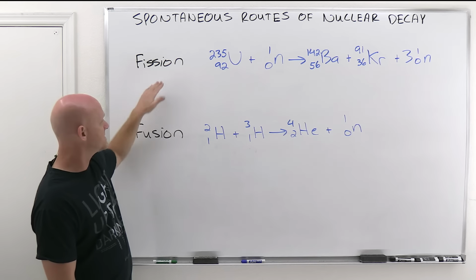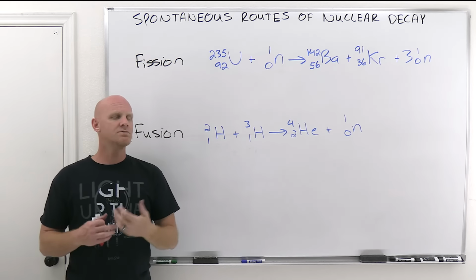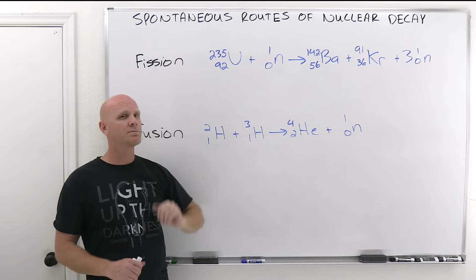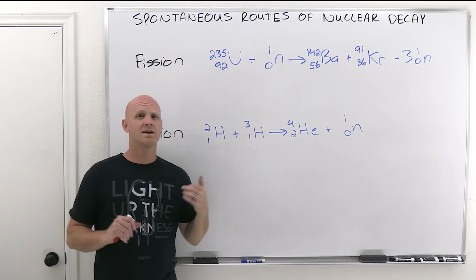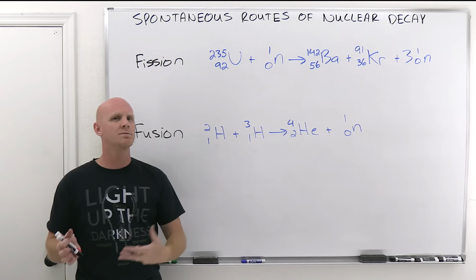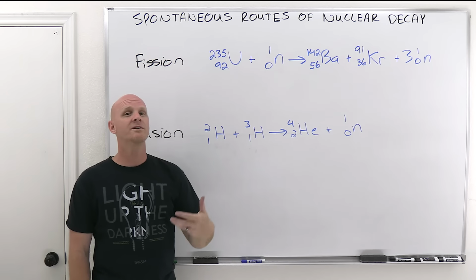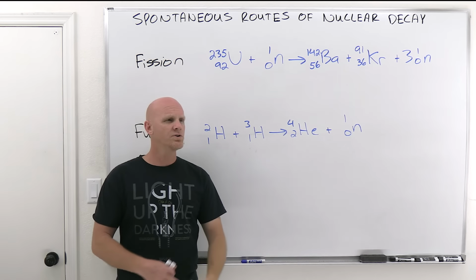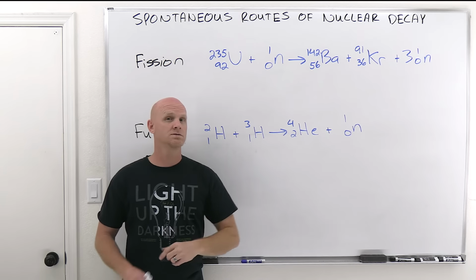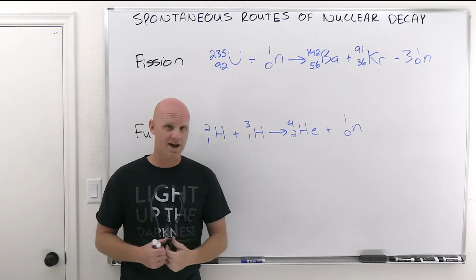All right, so fission versus fusion. If you look at nuclear fission, this is what you're most commonly thinking of when you think of nuclear reactions. If I say, name for me an element involved in nuclear reactions, you're probably going to say something like uranium or plutonium. Those are heavy elements, and they're undergoing nuclear fission. In fact, all of our nuclear reactors up till now, in 2022 anyways, are nuclear fission reactors.